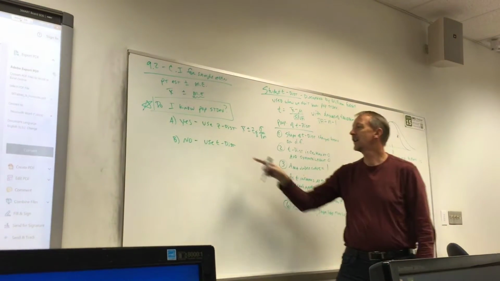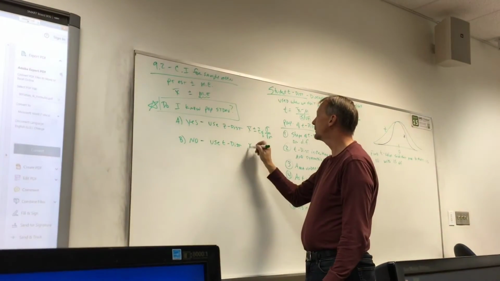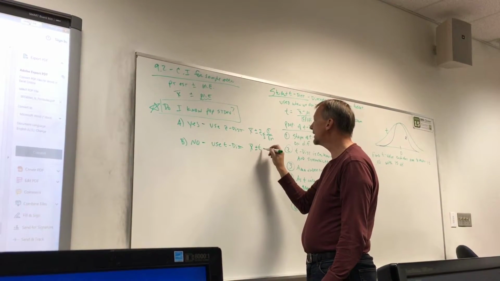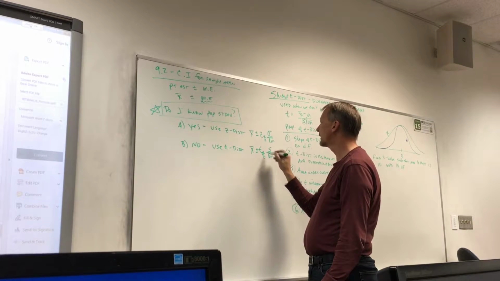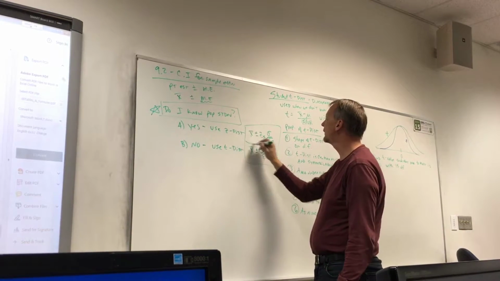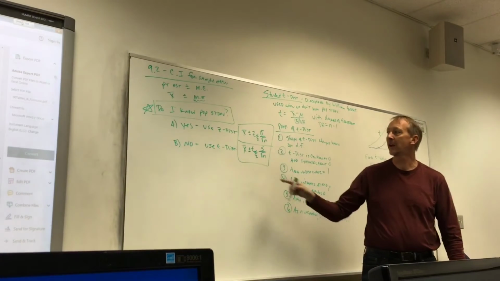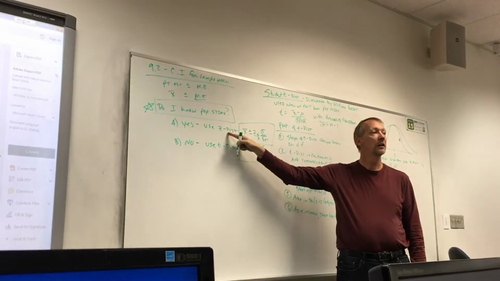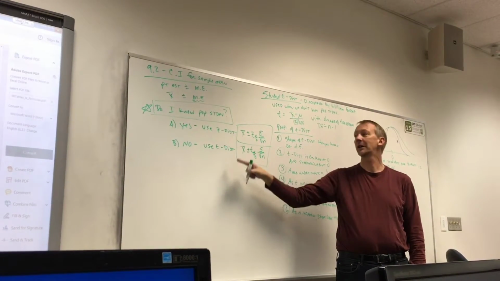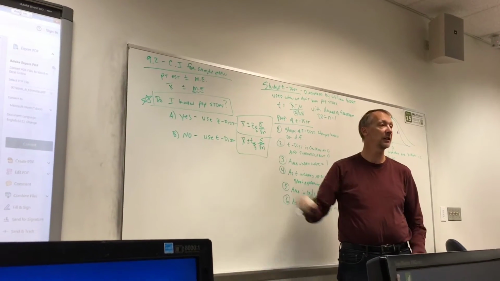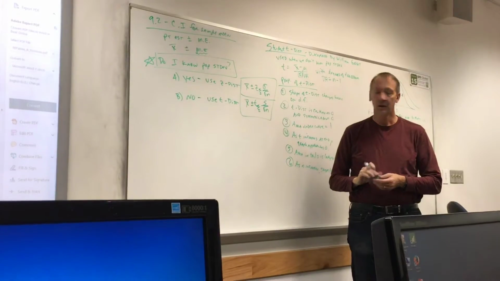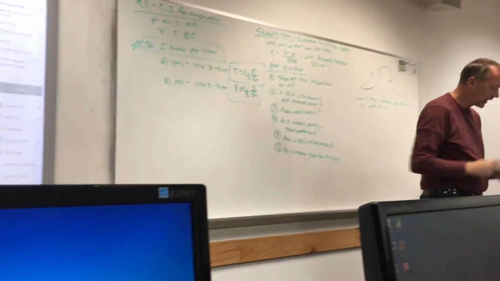In the no case, it's going to be x bar plus or minus t sub alpha over 2 times s over the square root of n. So you can see those formulas are very similar, and it all depends. Do I know sigma? Now you guys are familiar with the z, so I'd like to concentrate on the t this time. And if we have time, I'll do a z. Okay? So let's do an example here.